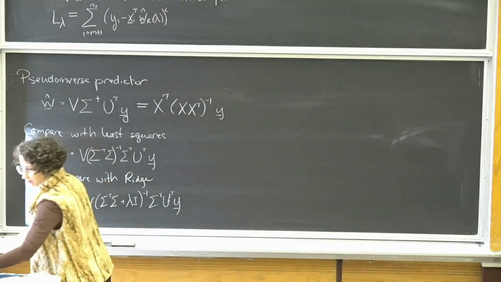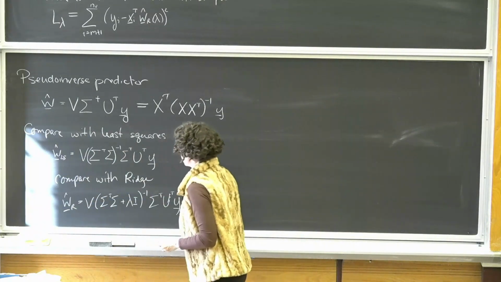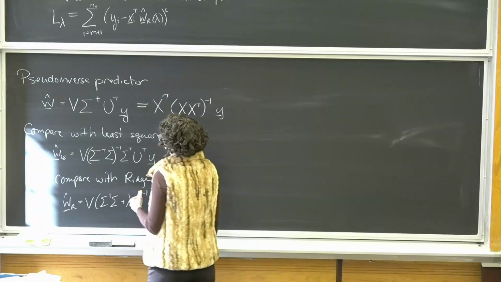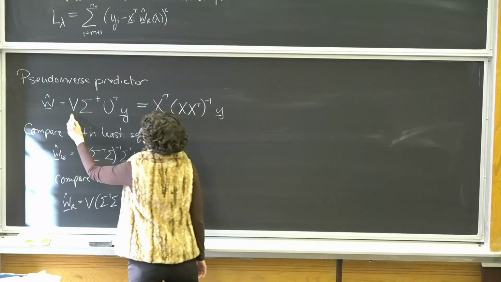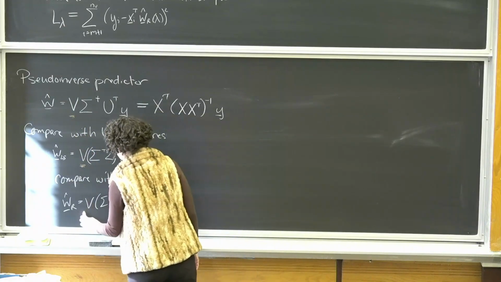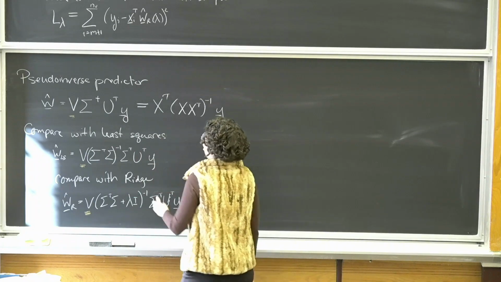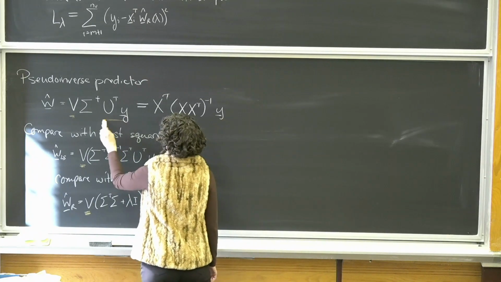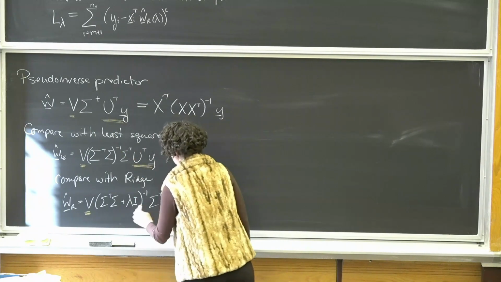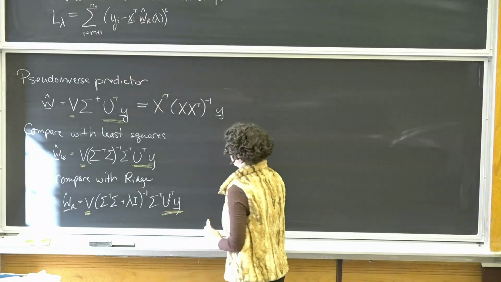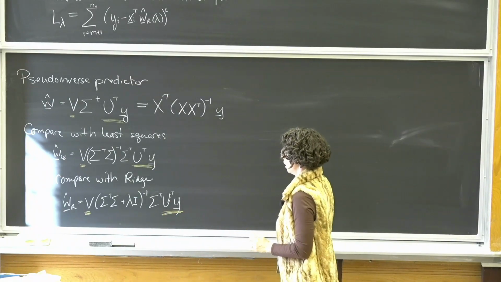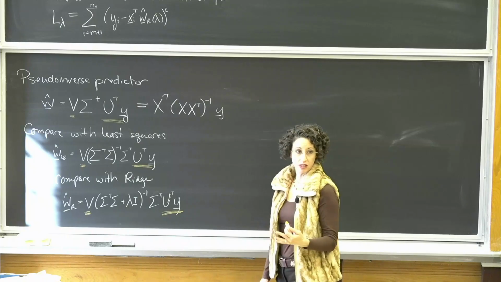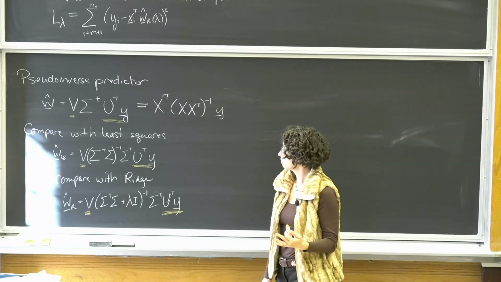So one thing I want to emphasize when we look at these is that they all have a very similar form. All of them start with this V matrix. All of them end with U transpose Y. And the thing that's really distinguishing them in the middle is what we're doing with the singular value matrices.